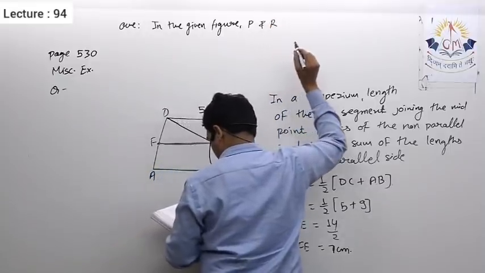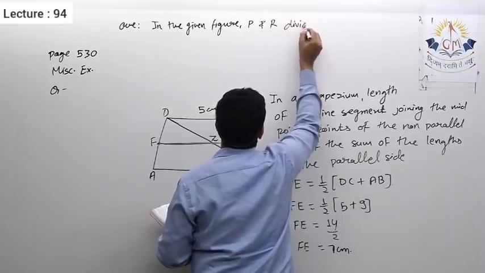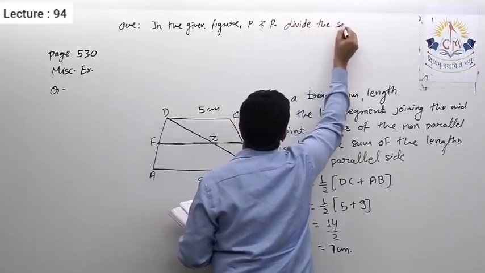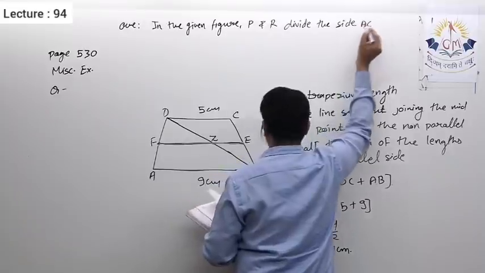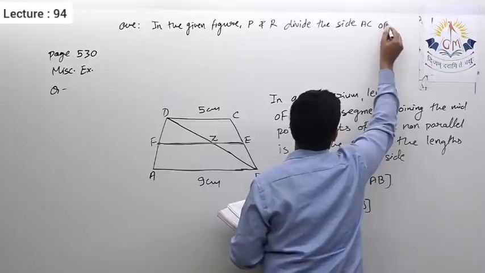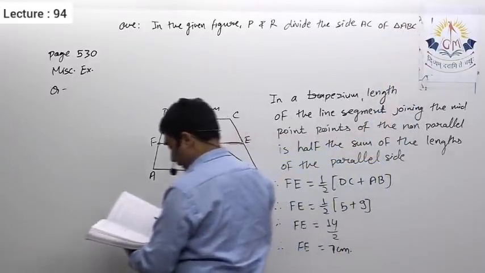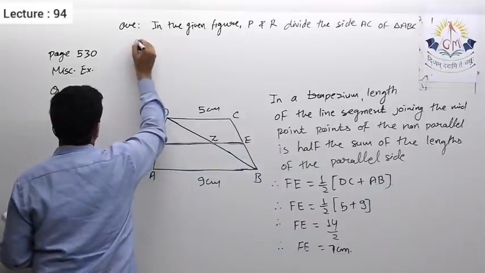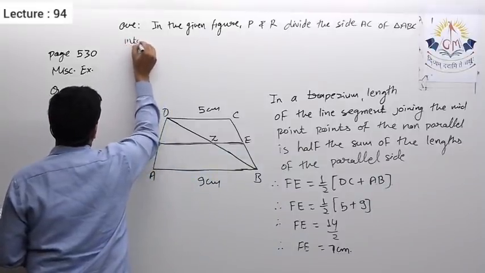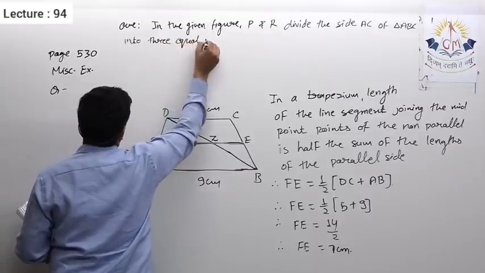In the given figure, P and R divide the side AC of triangle ABC into three equal parts.